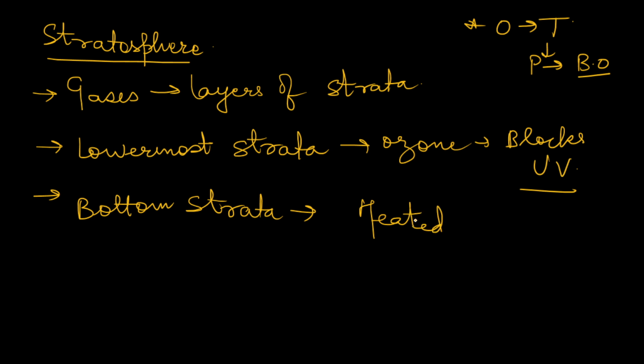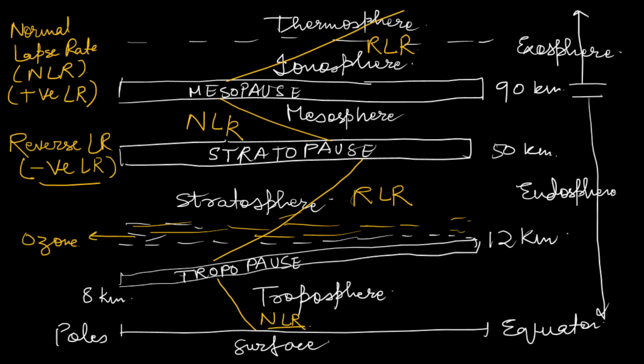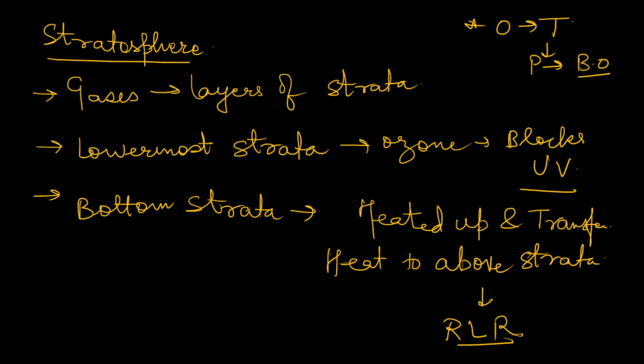The energy of UV rays hits the bottom strata, heats it up, and this heat is transferred to the upper strata. That is why we see reverse lapse rate in stratosphere. As you go up, the temperature is also increasing. So this was about stratosphere.